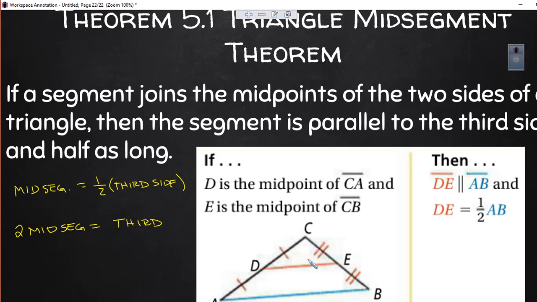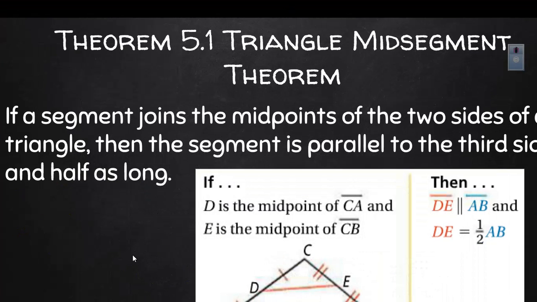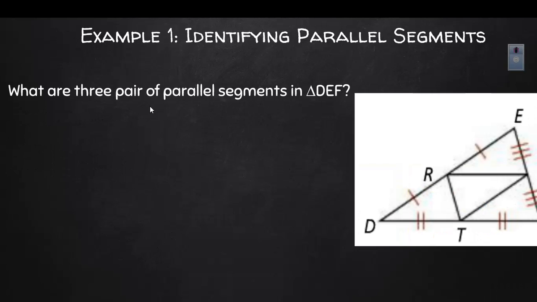All right, so let's take a look here at first identifying different parts and deciding which one is our midsegment and which one is our third side. What are three pairs of parallel segments in triangle DEF? Here's our triangle DEF, and we have marked midpoints R for DE, S for EF, and T for DF.